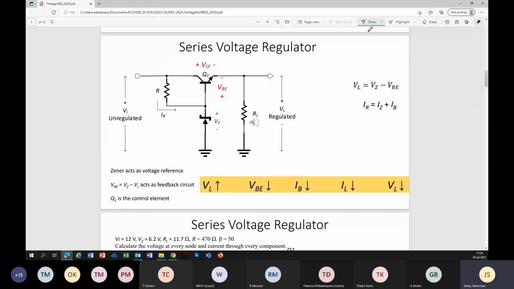What is going to help here is start from 0. Go up, go up, go up. You reached VL. Agreed? This one. Let me put an arrow.